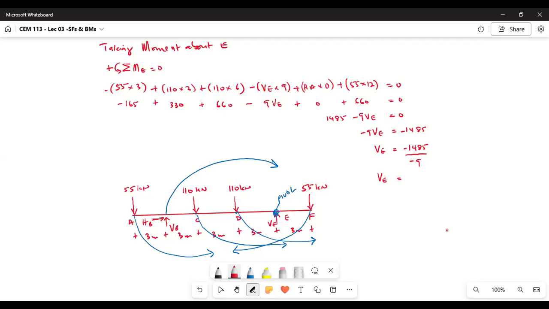Okay. That will be VB, right? It's not VE. This one is VB, okay? This is VB. I don't know why I've used the E all along. So VB. This is also HB.